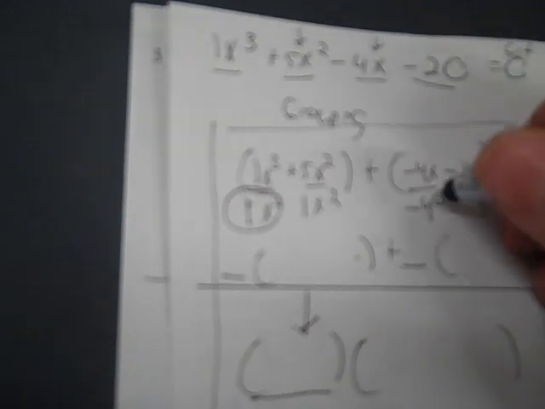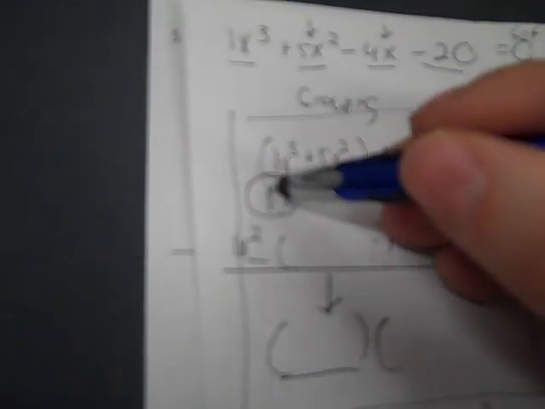Okay, so 1x to the second and negative 4 are my divisors. They come out here. 1x second, negative 4. So I divide 1 by 1 is 1, and then 3 minus 2 is 1, and then 5 divided by 1 is 5, and then these cancel out because they both have the second power.